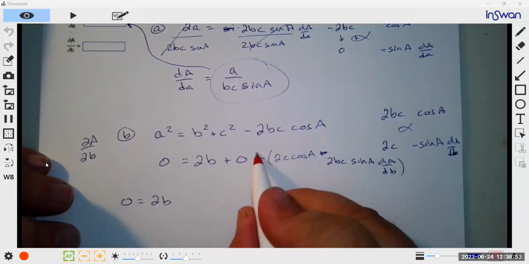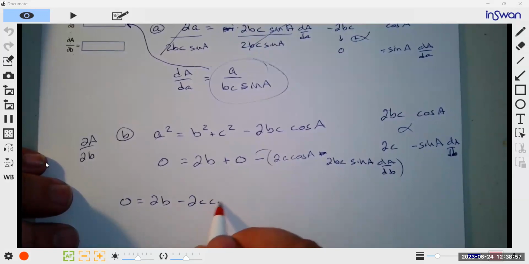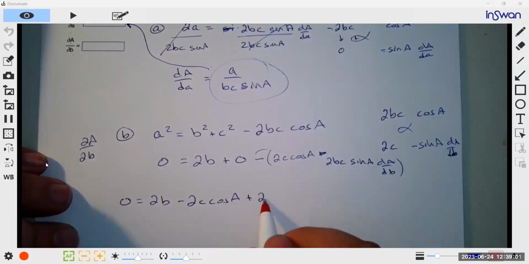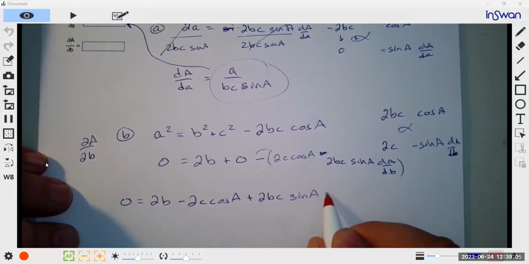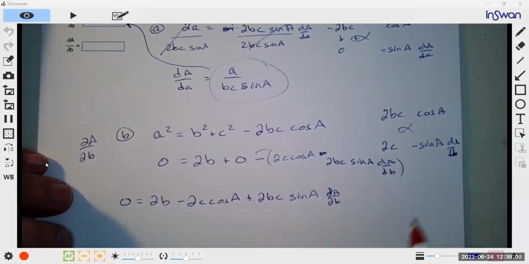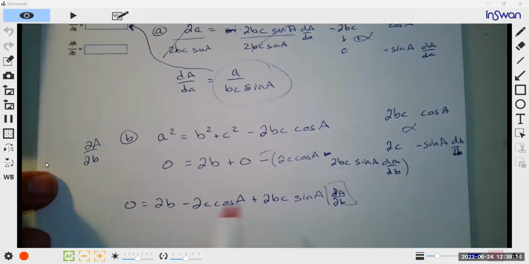Now distribute that negative sign through there, so we have minus 2c cosine A plus 2bc sine A partial of A partial of b. We're solving for this. So we're going to move both of these over first.